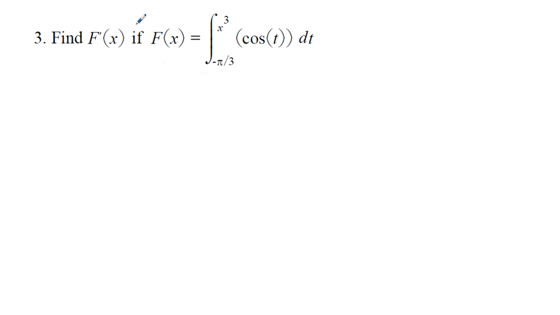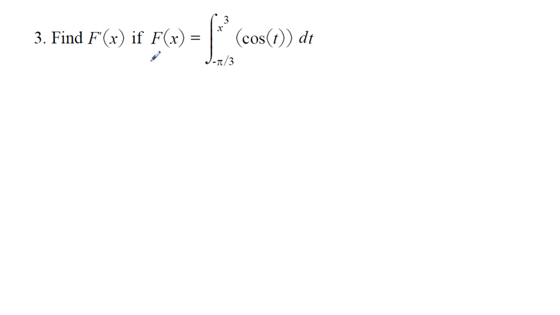Next, our last problem we're going to look at is number 3. Find F prime of x if big F of x equals the integral from negative pi/3 to x cubed of cosine t dt.